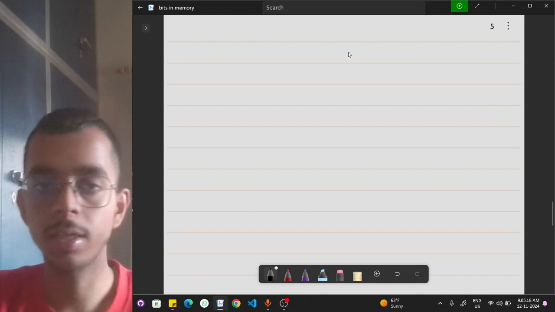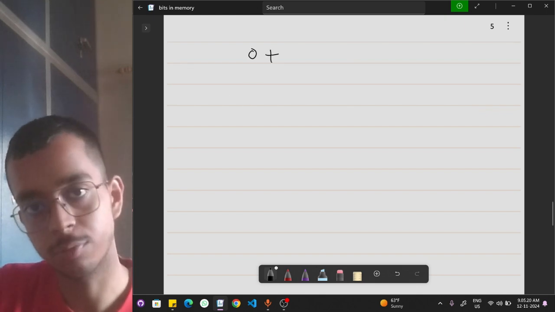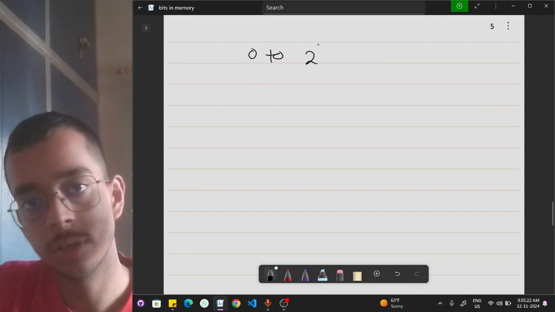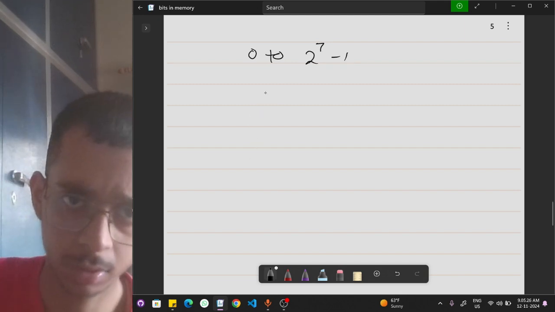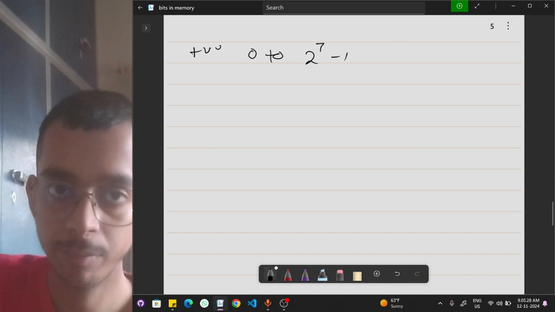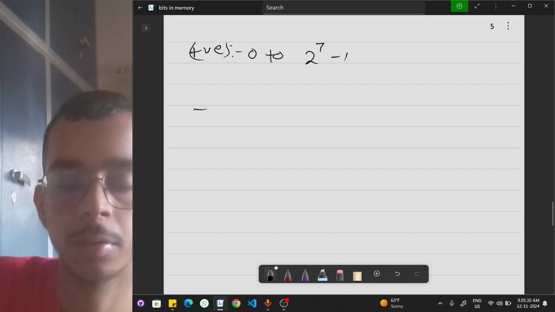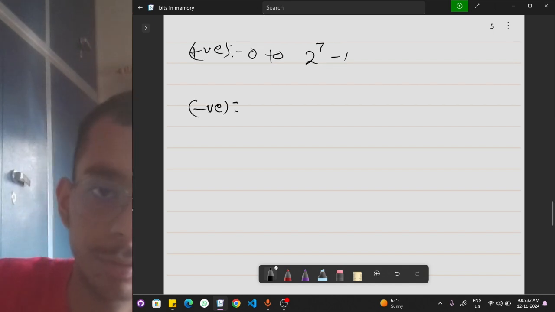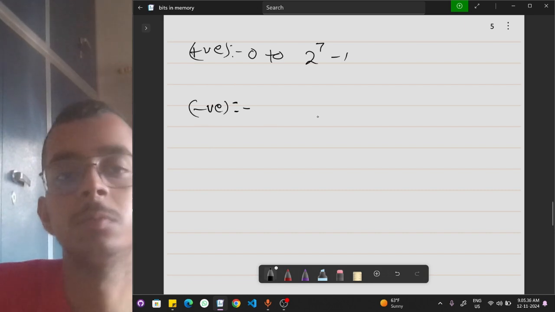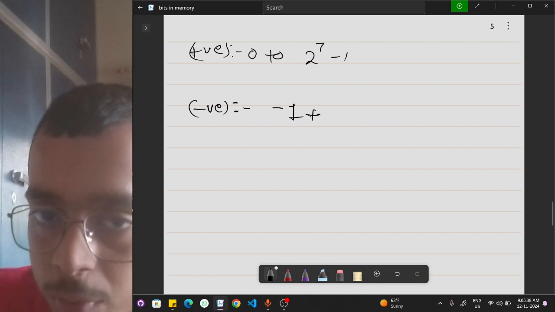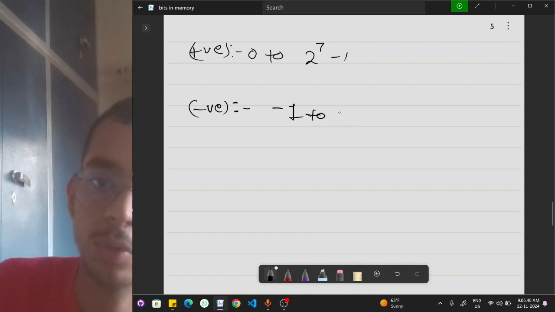Originally, the sequence on the positive side for 8-bit is from 0 to 2 to the power 7 minus 1. On the negative side, it was from minus 1 to minus (2 to the power 7 minus 1).